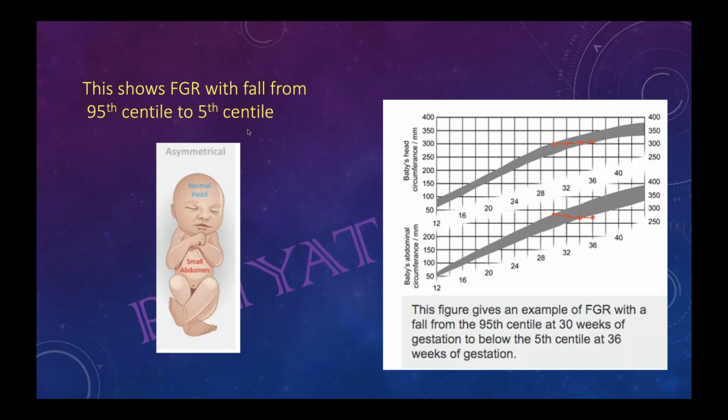Previously we used to call this IUGR. These babies will have asymmetrical IUGR or FGR: their head size will be normal, but their abdomen will be small. So this is the difference.